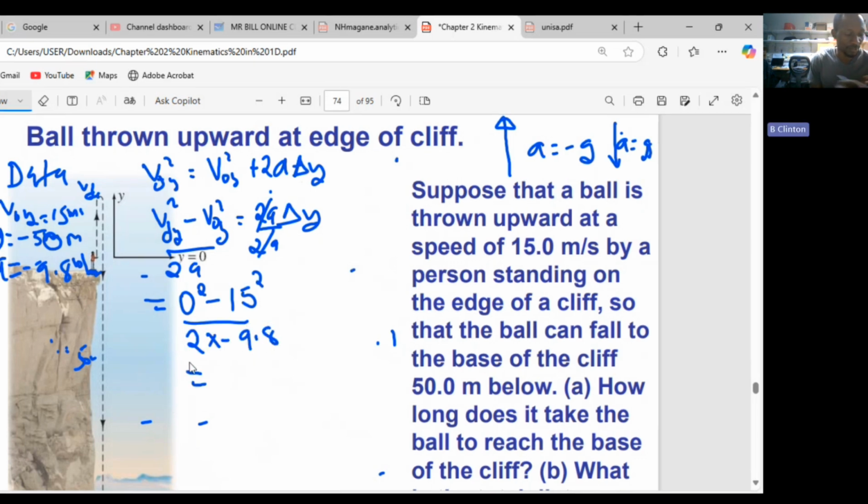And that's going to give us 0 squared, which is 0, minus 225 over minus 19.6. So that's going to give us minus 225 divided by minus 19.6.